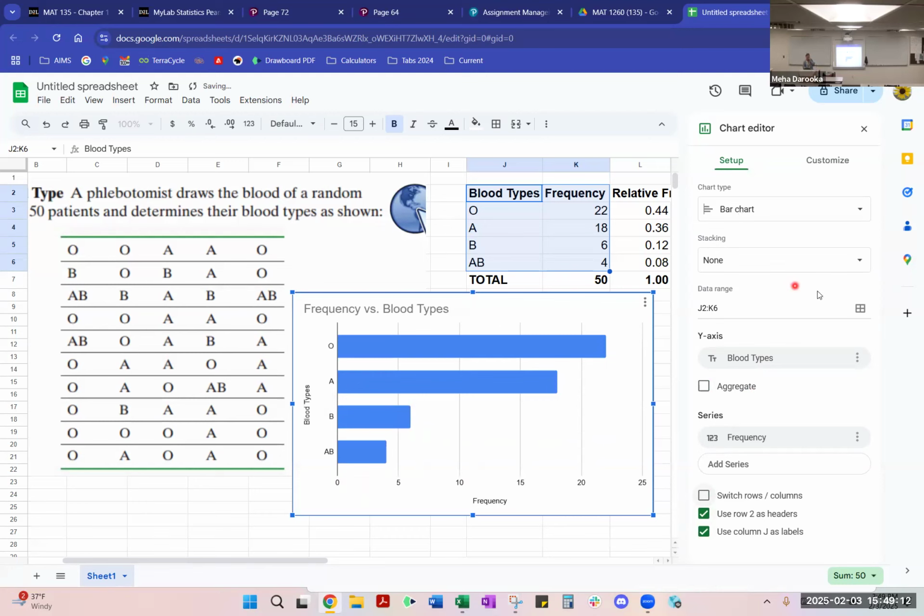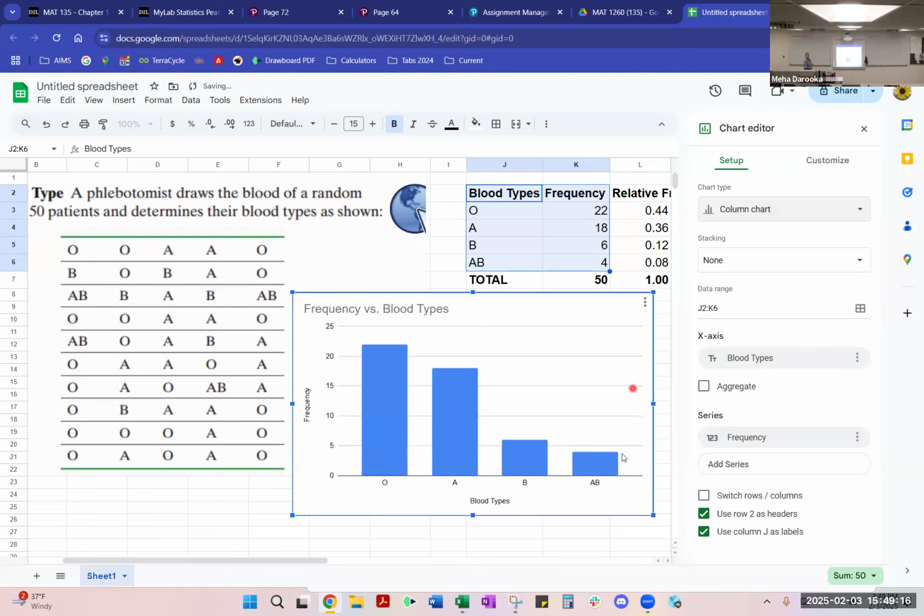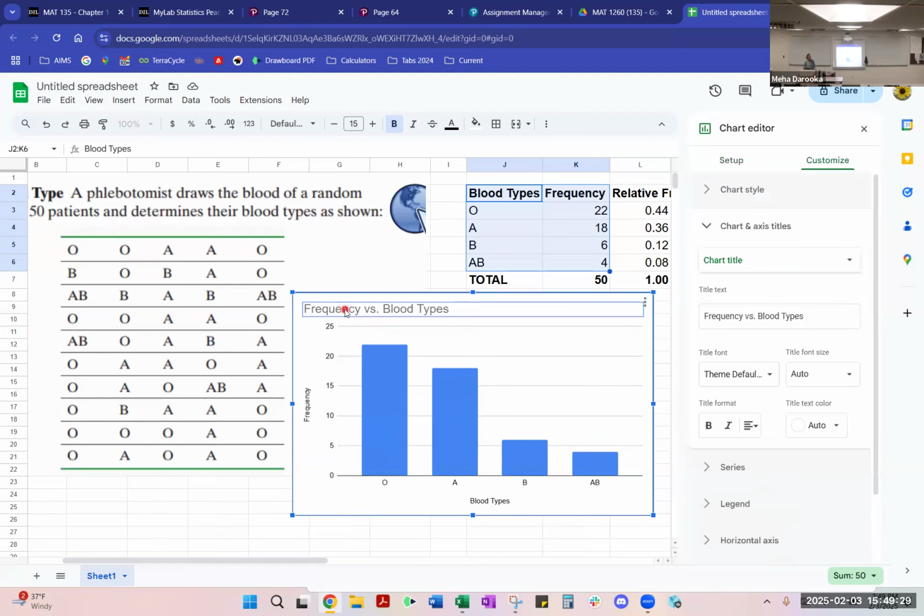So I'm going to go and say, hey, you know what? Just give me that vertical column chart, bar chart. And that actually looks a lot better. So you've got your blood types on the horizontal axis. You've got your frequency on the vertical axis. Now, of course, you will need to change the title because frequency versus blood types doesn't really tell us much.